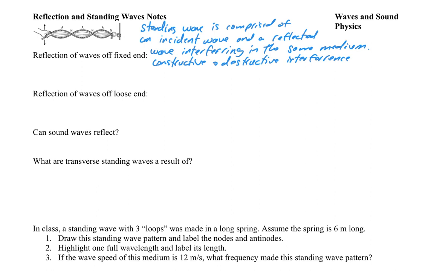This occurs because when a wave reaches a boundary, and if the wave reaches a fixed boundary, which means the medium can't move, so it's basically clamped down, the wave is going to flip to the other side of its equilibrium position.